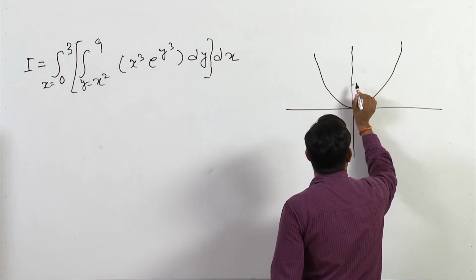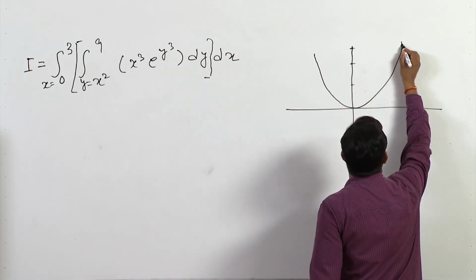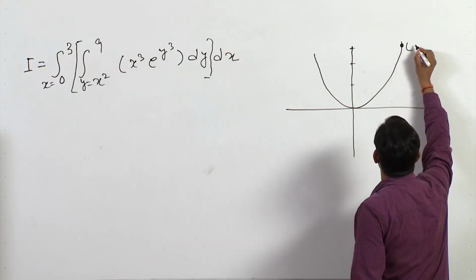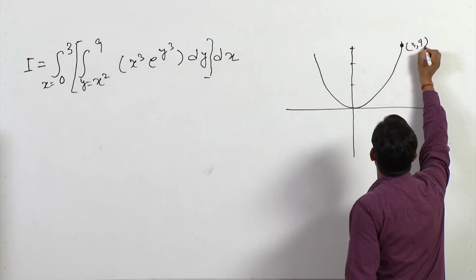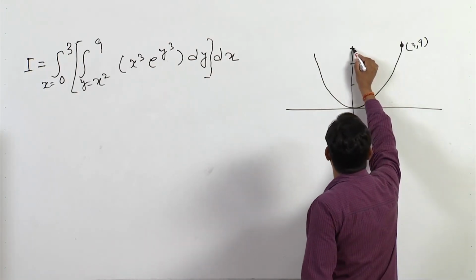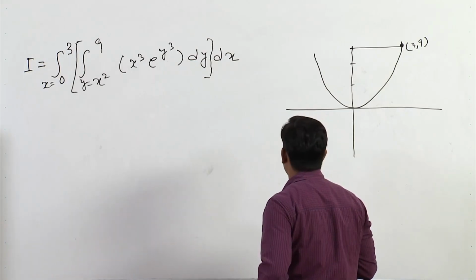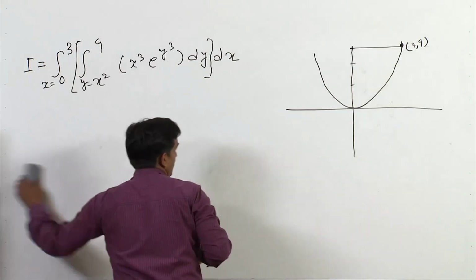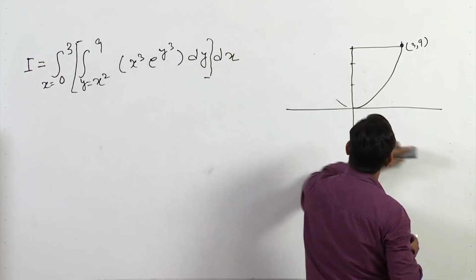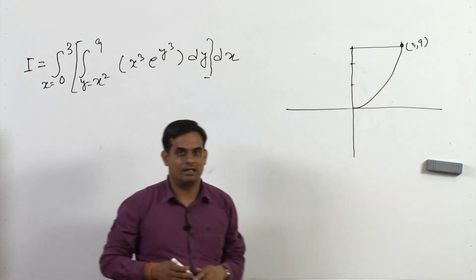So, let us say 3, 6, 9. This is the point 3, 9. And x is going from 0 to 3. So, my region is this particular area bounded by these 3 lines.